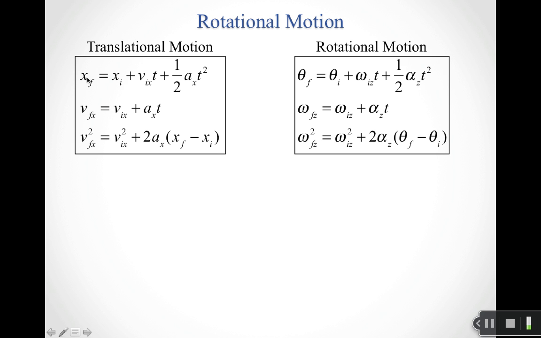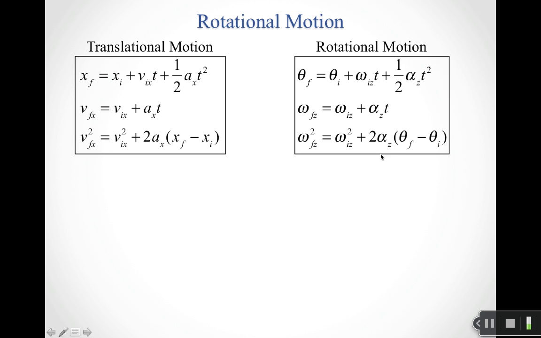So notice that everything that was an x over here has become a theta over here. So instead of x final equals x initial plus v initial t plus 1/2 a t squared, this becomes theta final equals theta initial plus omega initial t plus 1/2 alpha t squared.